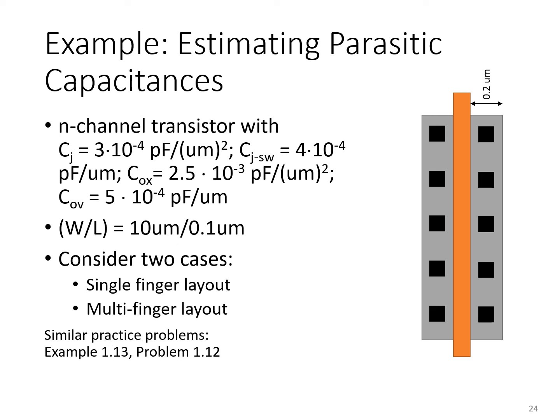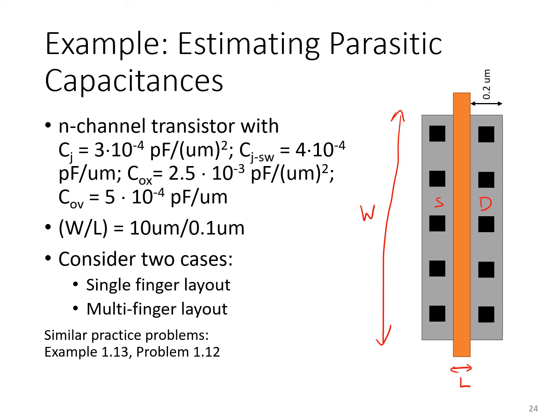So here's another example sort of highlighting that. I'll just skim over this quickly, but we're considering a transistor. We're trying to consider the layout of a transistor with a specific W and L. So here's source and drain regions, and the metal contacts to each of them are shown in black.